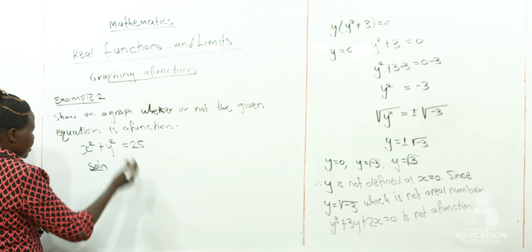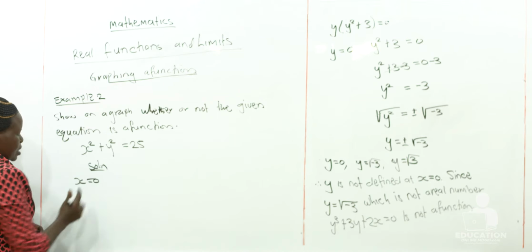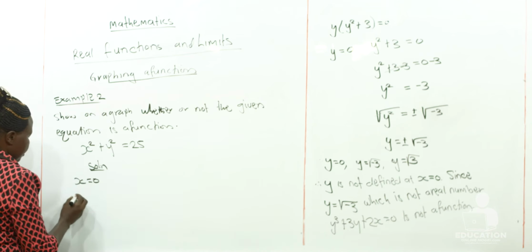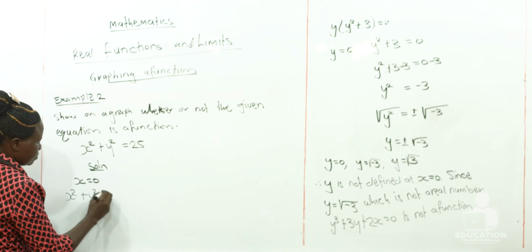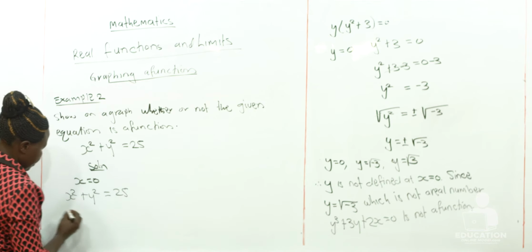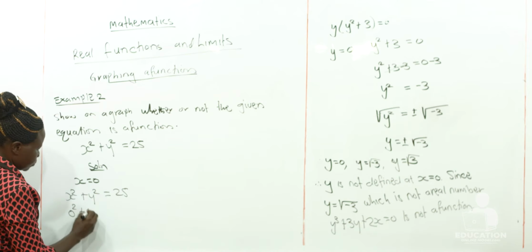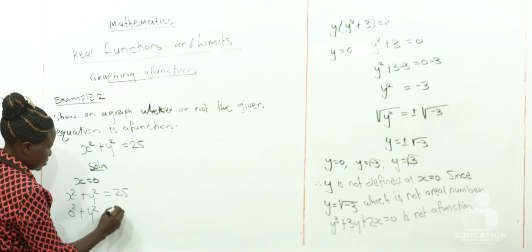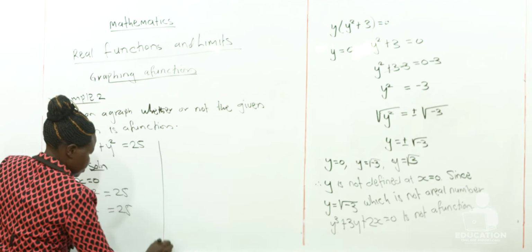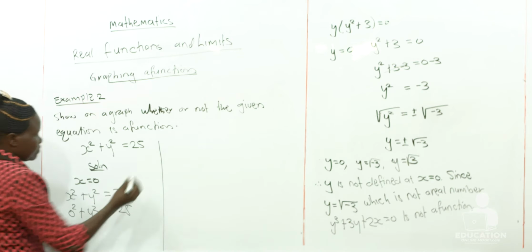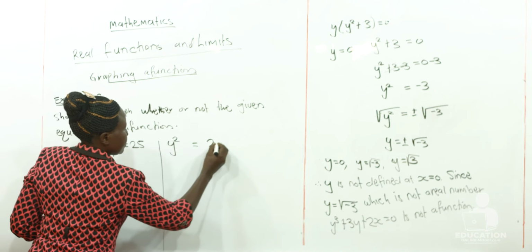For you to prove whether it is a function, you equate x to 0. Then x squared plus y squared equals 25 becomes 0 squared plus y squared equals 25. That means y squared equals 25.